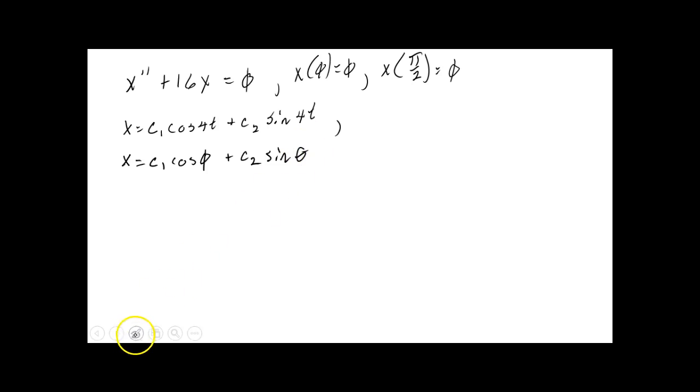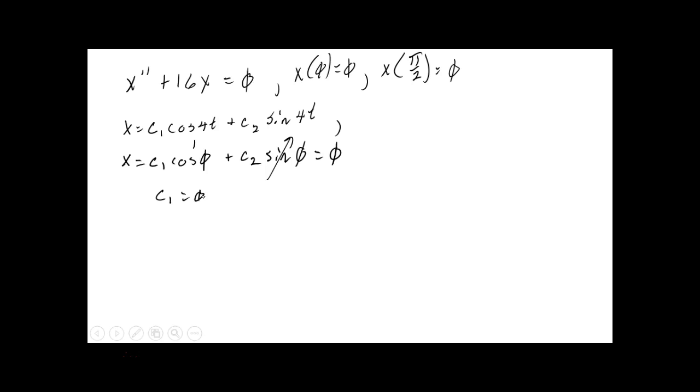That's not a theta, it's a 0. Okay. And we say that's equal to 0. Well, we know that sine of 0 is 0 already, so that term's out of there, not contributing anything. And cosine of 0 is equal to 1, so this says that c1 has to equal 0.